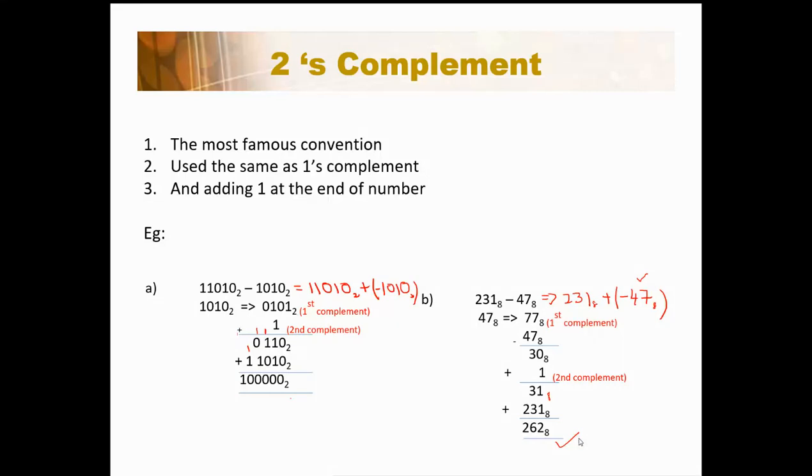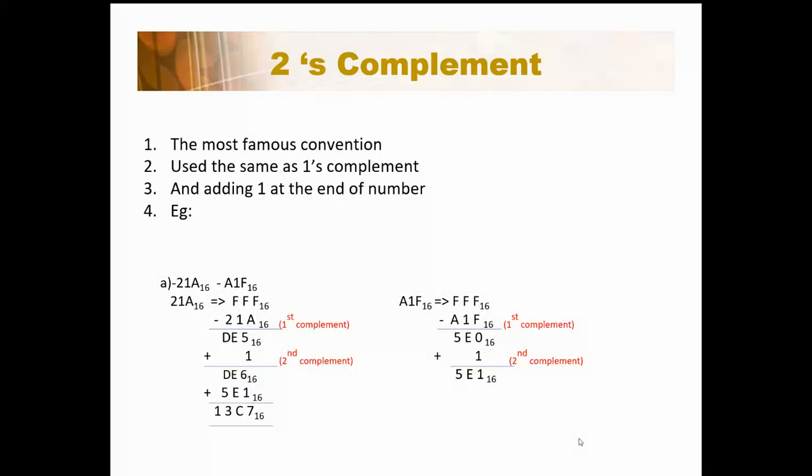All right. Okay, next, how do we do the two's complement method in hexadecimal? Hexadecimal has more values, so the maximum value is 15, also known as F. So how do we do the first complement in hexadecimal?